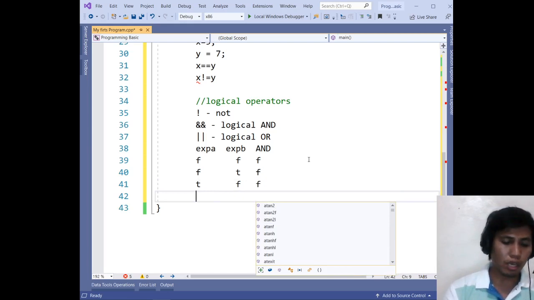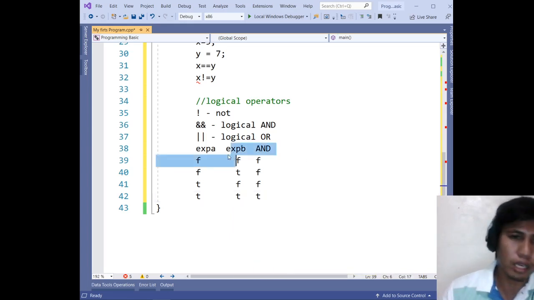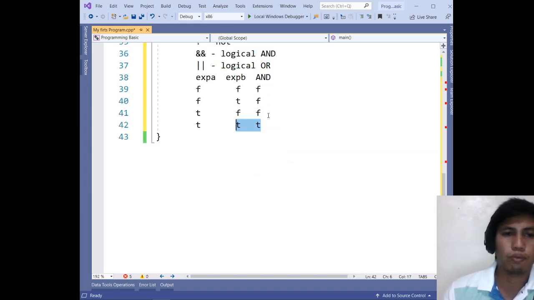If expression A is true and expression B is true, then the output is true. Meaning, if one of the expressions is false, the output would be false. If both expressions are true, then the output is true.